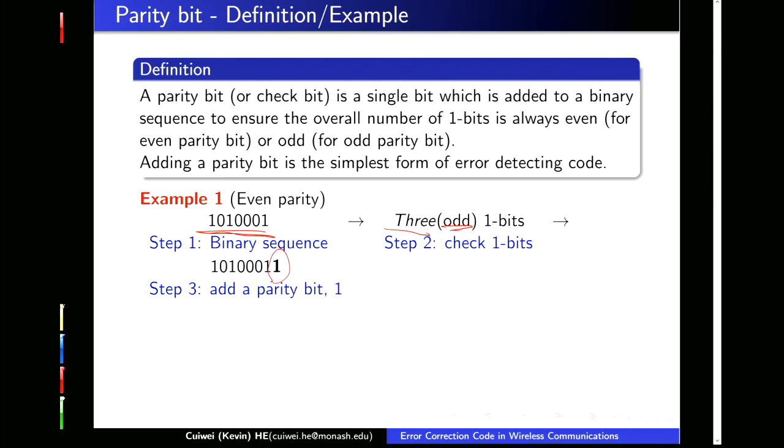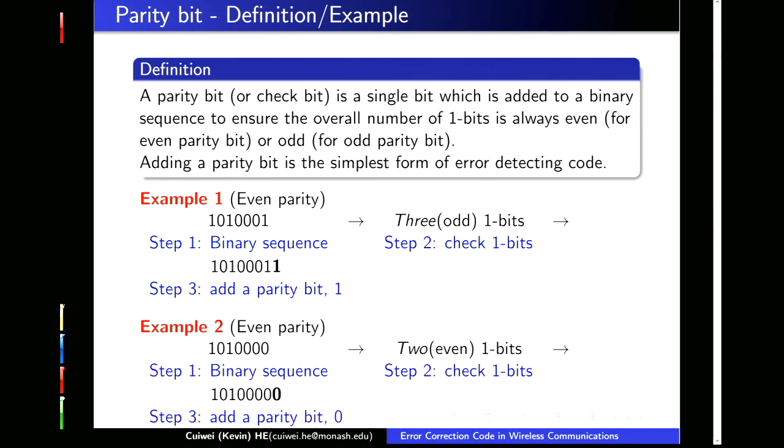Now the overall number of ones is 4, which is an even number. This is how it works. In another example, if we have 2 ones in the sequence, which is already an even number, we generate a parity bit of 0 and put it at the end of the sequence. Because the original number of ones is already even, we just generate a 0.